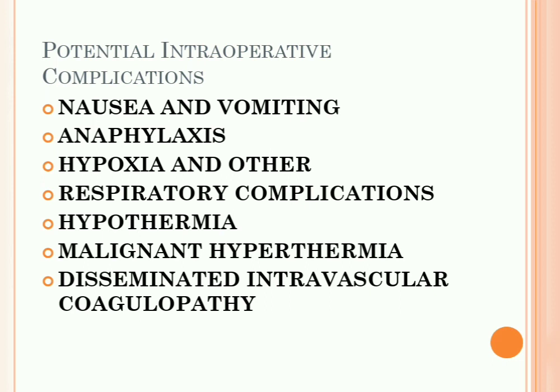Now, the goal of treatment is to decrease metabolism, reverse the metabolic and respiratory acidosis, correct dysrhythmias, decrease body temperature, provide oxygen and nutrition to the tissues, and then correct electrolyte imbalance. So a treatment protocol should be posted in the OR or be readily available in a malignant hyperthermia cart.